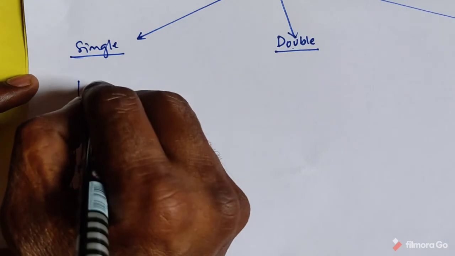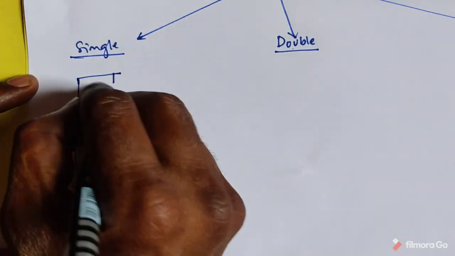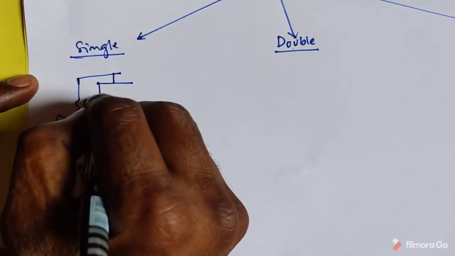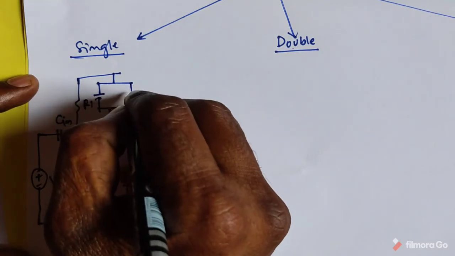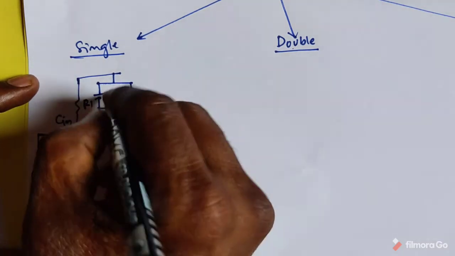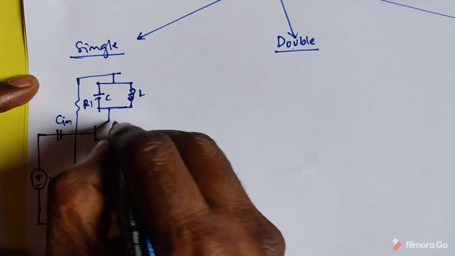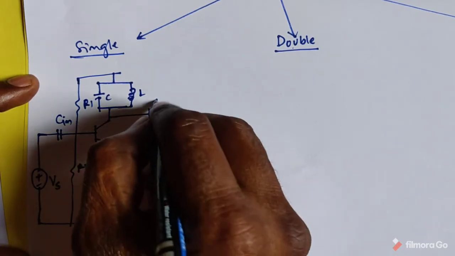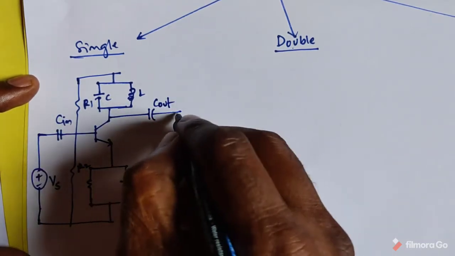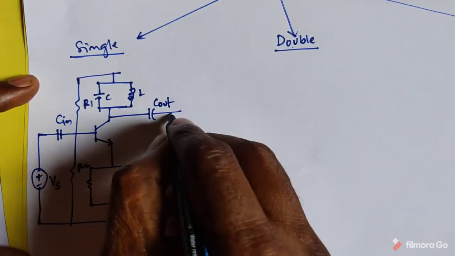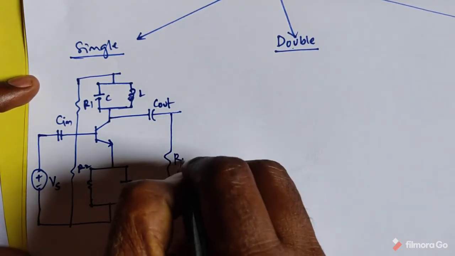Take one inductor and one capacitor at the output stage. Widely we prefer a parallel circuit, with a capacitor and inductor. Then the output is connected to a capacitor, that value is C out, to store the output voltage across this element. Take the load resistor at the output stage.